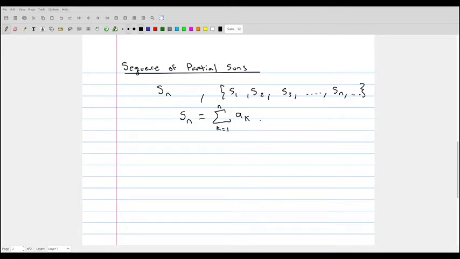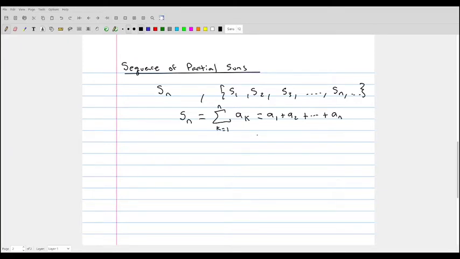So the idea is that for a given infinite series, the sequence of partial sums associated with that series is the sequence of sums of the first n terms for the nth element in the sequence. So remember, this summation notation is saying that this is a1 plus a2 all the way up to an.